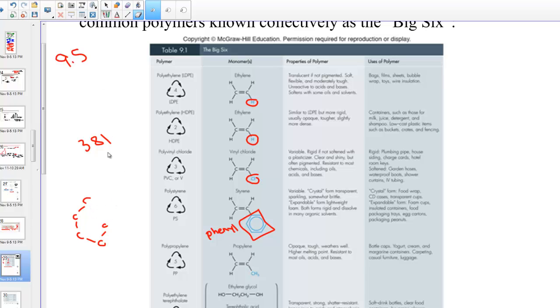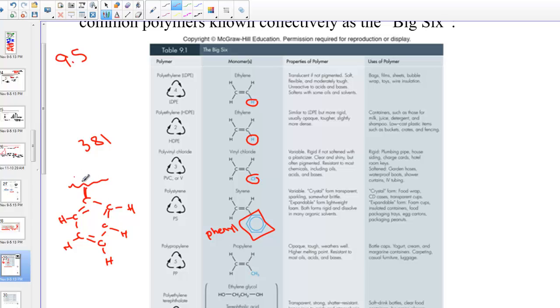I should have gone straight up there. Let me correct that. That's better. Six-sided, and we have double, single, double, single, double, single, alternating double, single bonds. And at each carbon, we have a hydrogen, creating a very non-polar substituent group.